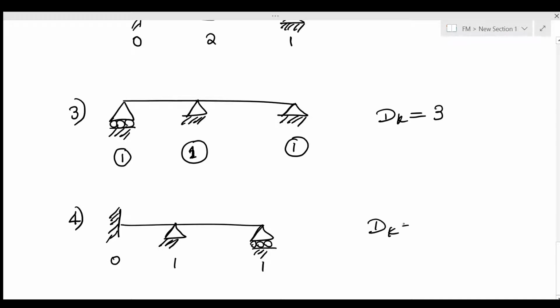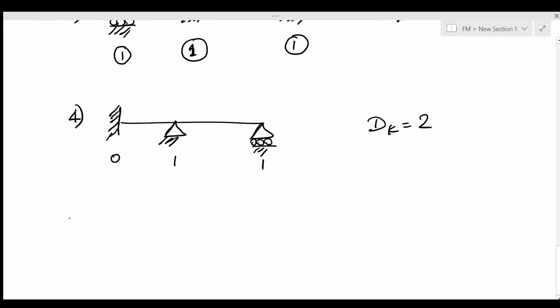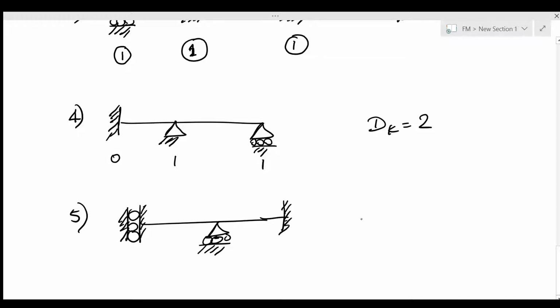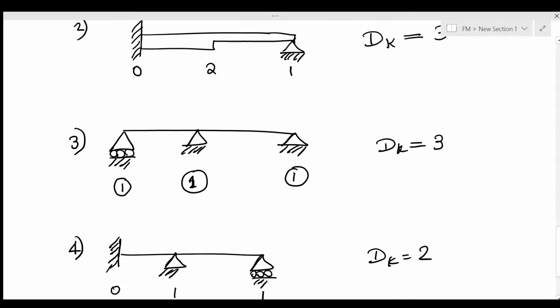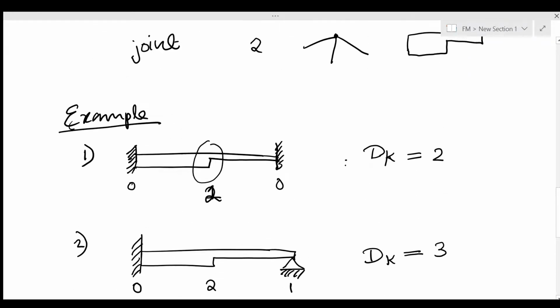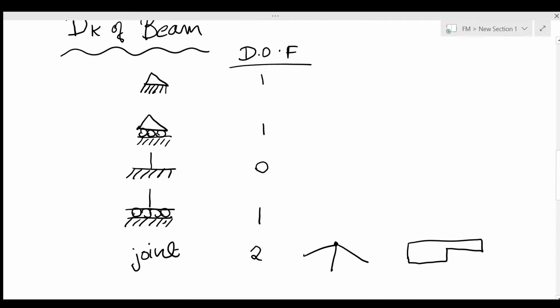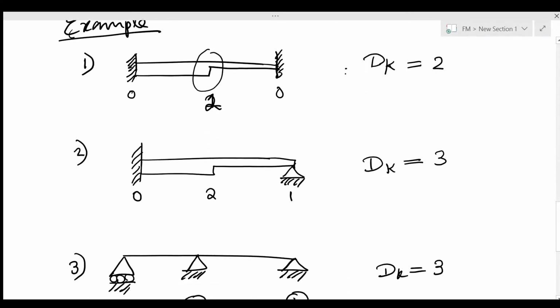So the total degree of freedom is 2. Here the degree of freedom is 1, here it is 1. So total 2. Okay. So this is how we calculate the kinematic indeterminacy or degree of freedom of beam structures. I hope it is clear.